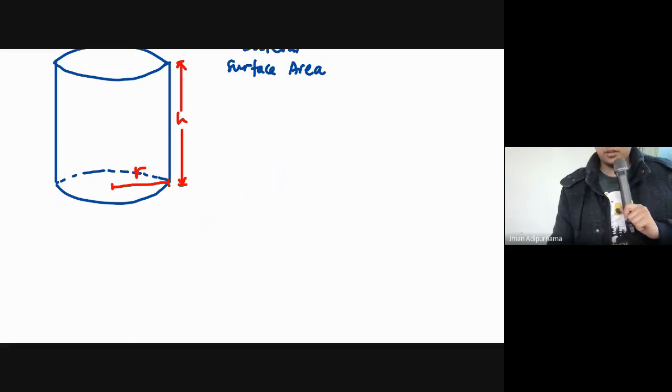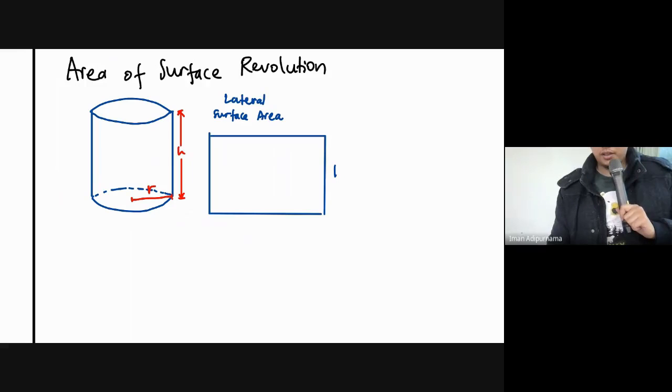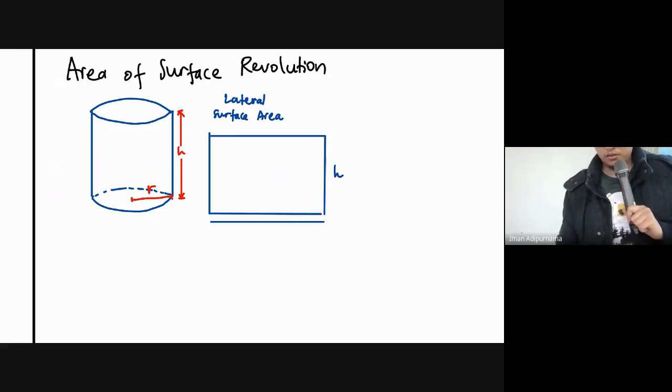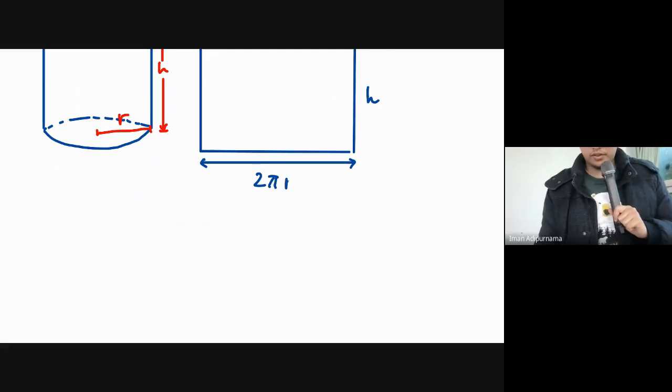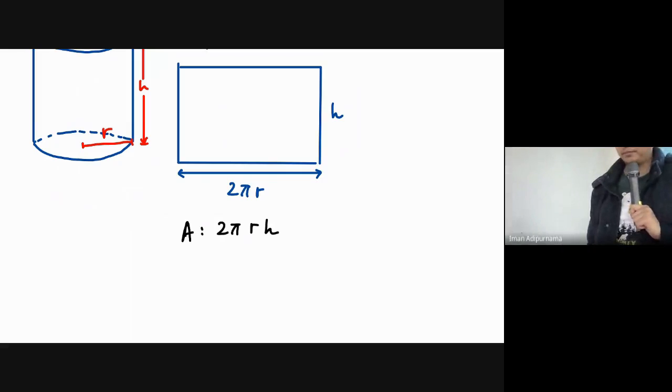We can take the rectangle and unroll it like that, and maybe this is the h, and this part will be the 2 pi r. So the area will be 2 pi r h.